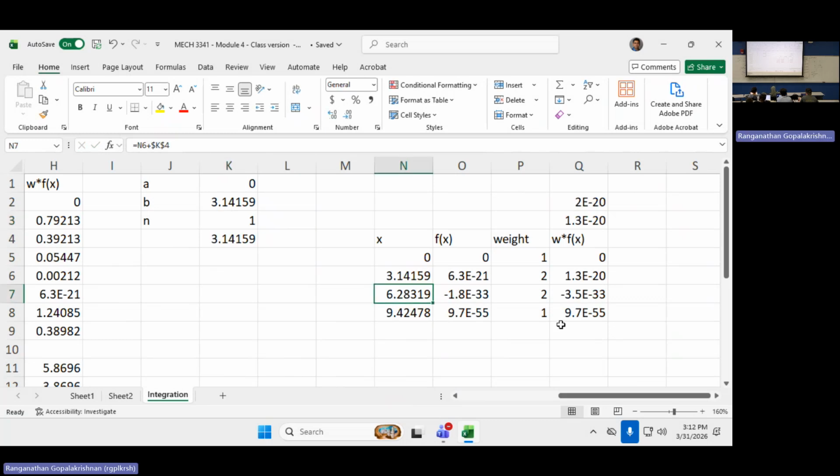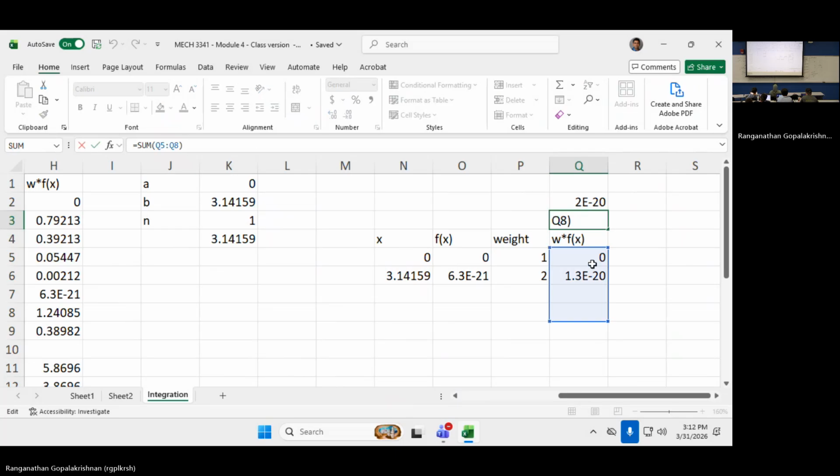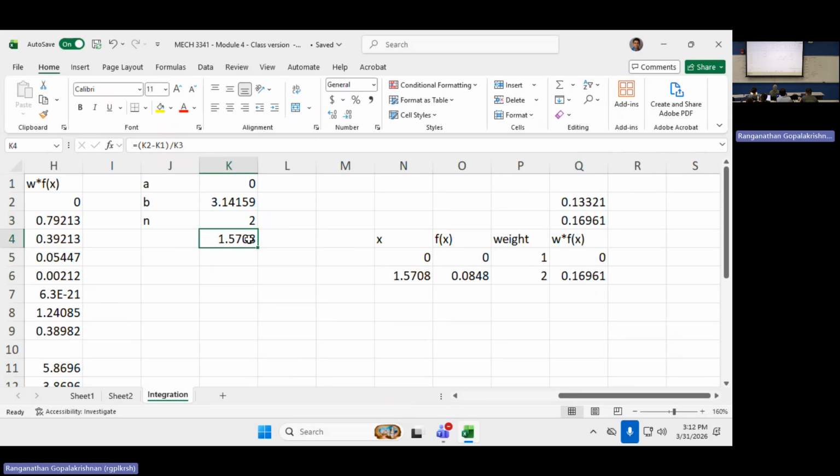you can see here, sorry, n equals 2, that is 2 segments.